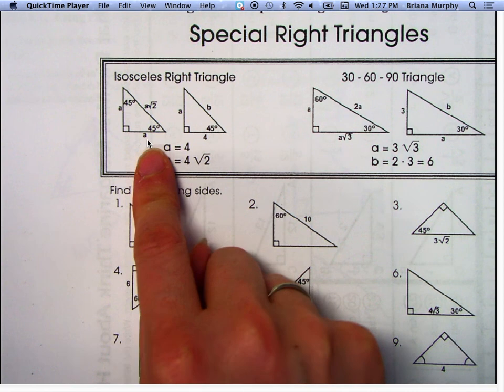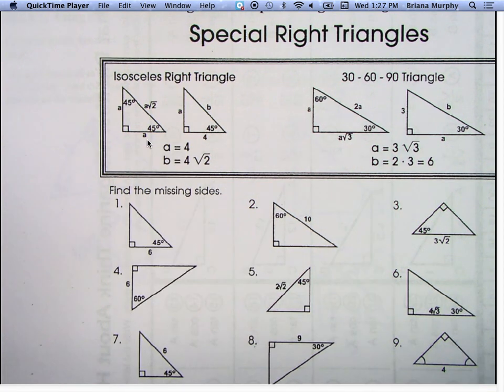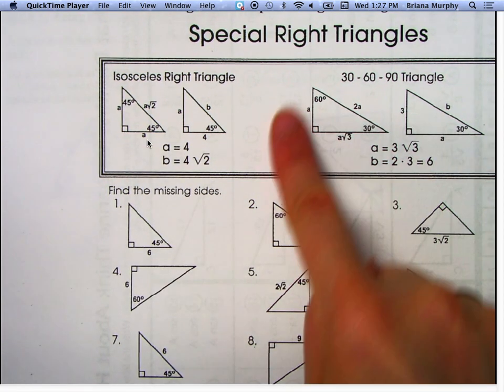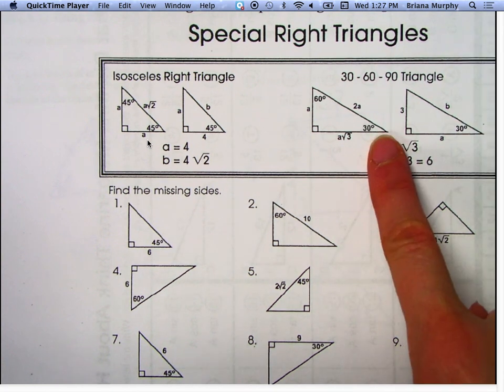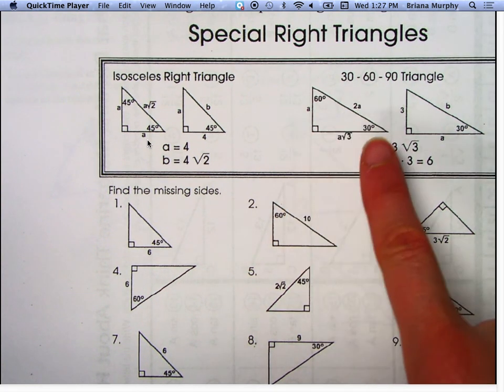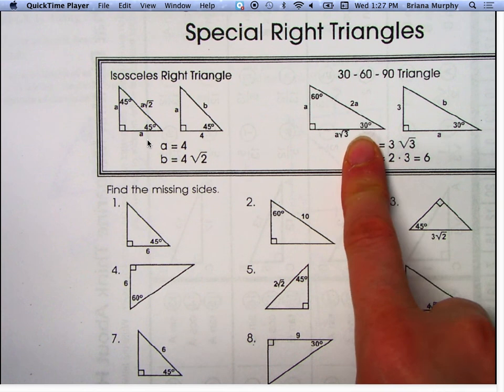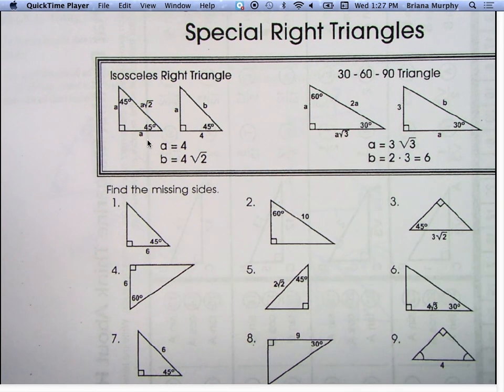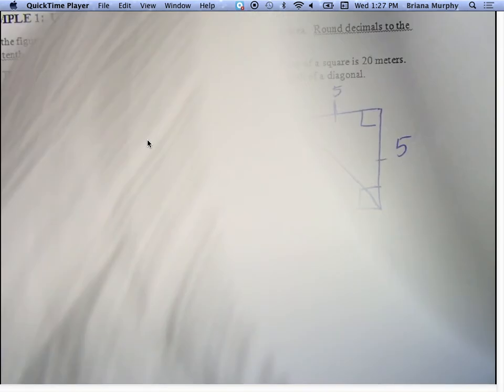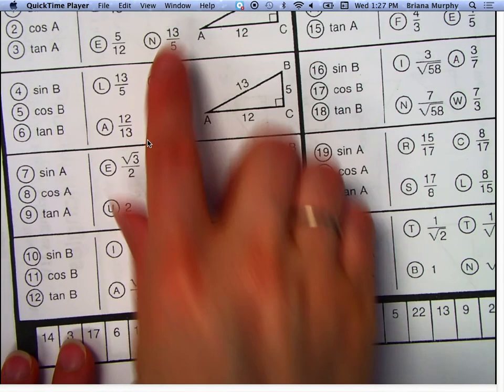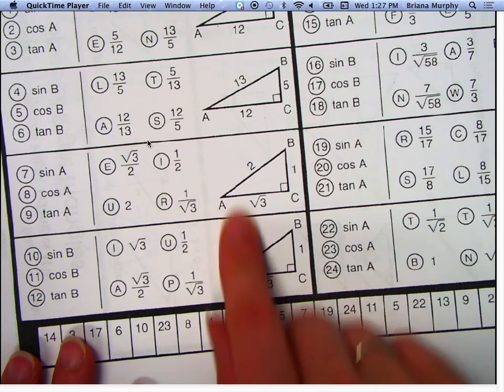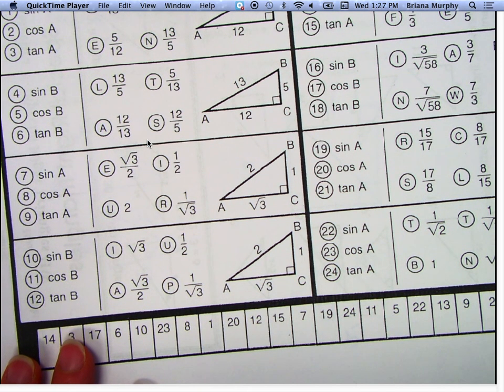That 45, 45, the hypotenuse is a square root 2 is big. It does give you on the 30, 60, 90 triangle that the smallest side times square root 3 is the middle side. And the smallest side times 2 is the hypotenuse. So you can find 1 through 12. And you can find all of these here, sine, cosine, and tangent for each one of these triangles depending on what angle it's talking about.